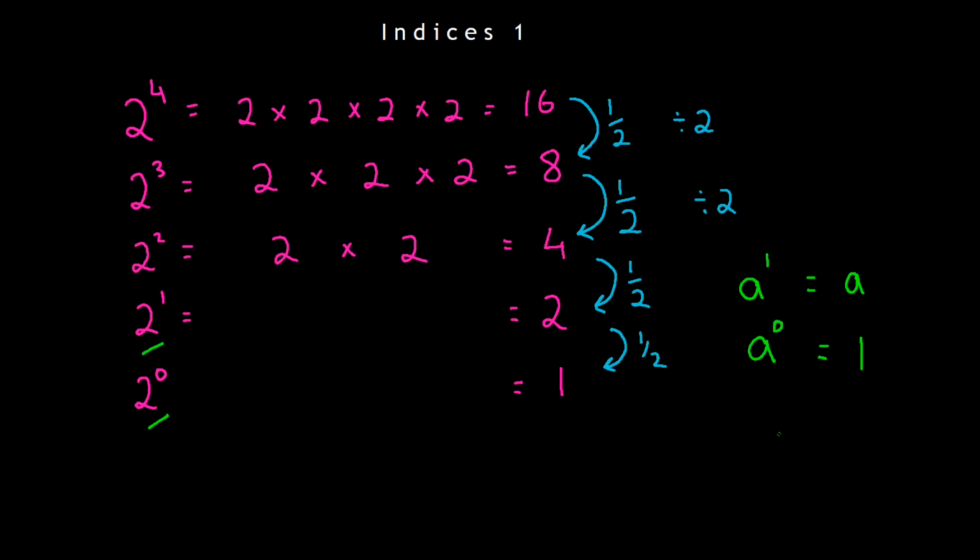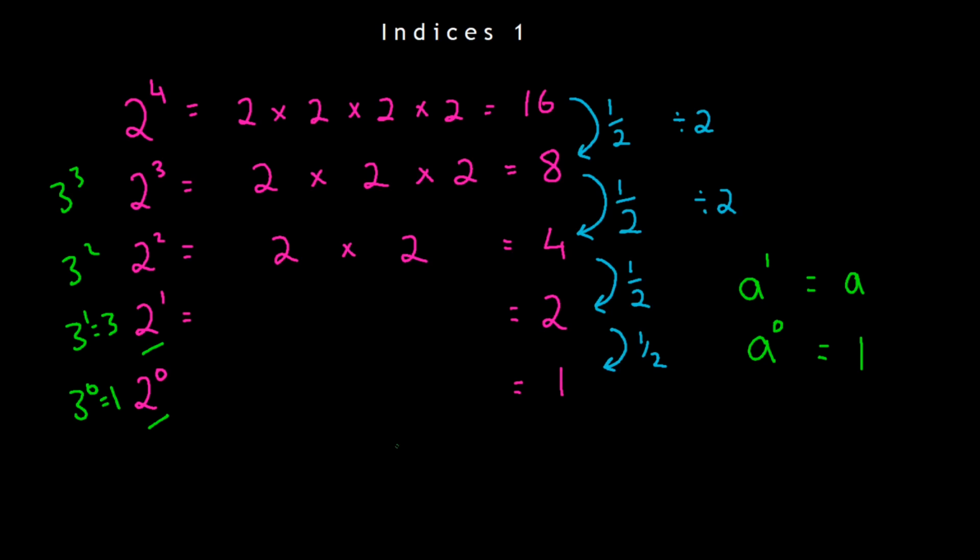Now, if you are unsure of that, you can always test it out with different numbers. You can try doing the same thing here on the left hand side, but this time go for 3 cubed, 3 squared and 3 to the 1, and then you'll end up with the same answers. So 3 to the power of 1 is 3, 3 to the power of 0 is 1.